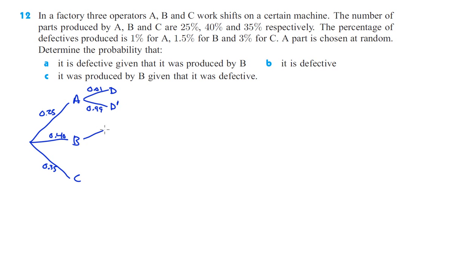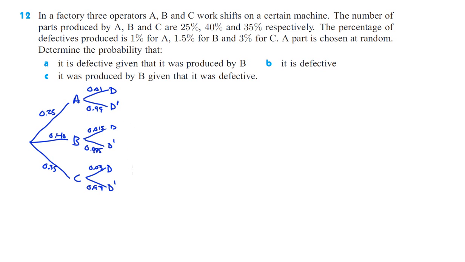For B, it's 1.5, so 0.015 for defective. And then not defective is going to be 0.985, because that's 1 minus 0.015. And then the last one is 3%, 0.03 is defective, so the parts that are not defective is the other 97%. Okay, so there's our tree diagram.